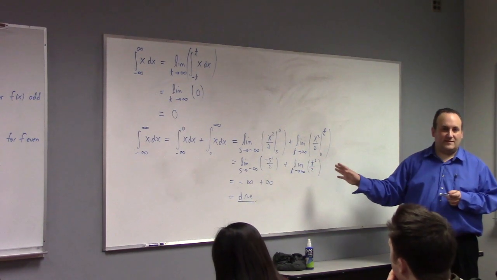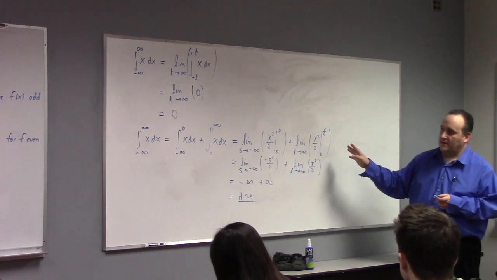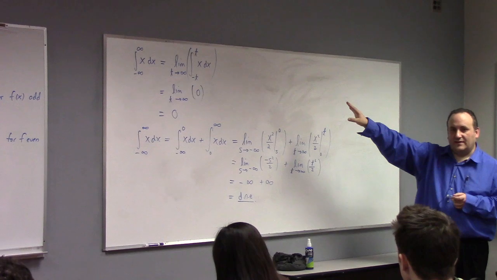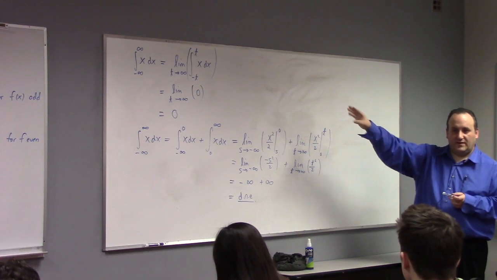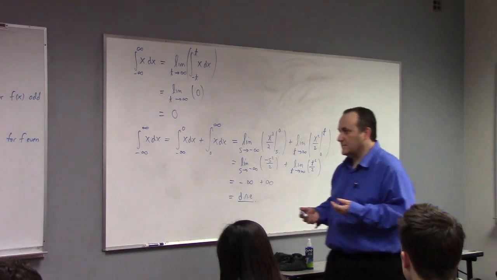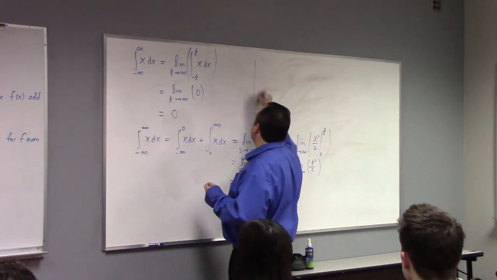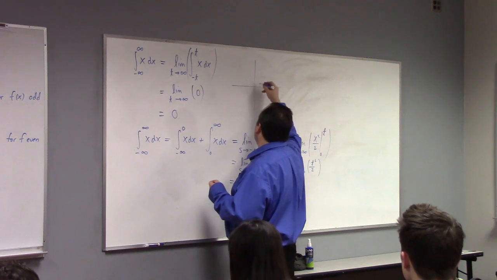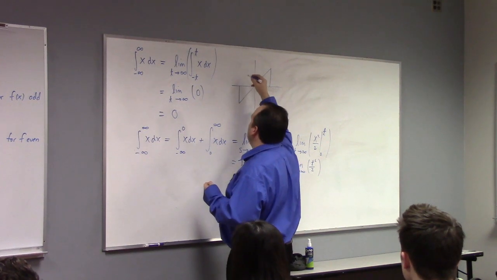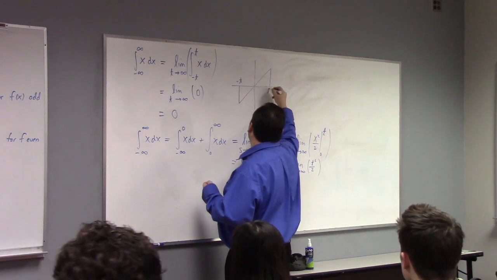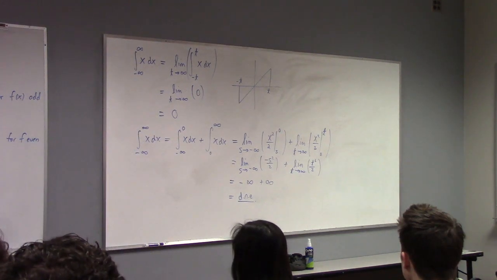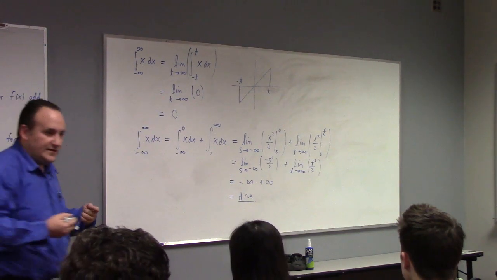So these do not cancel. To say these cancel is to suppose that you're taking the integral to be defined as limiting in this symmetrical fashion, right? So all these improper integrals are defined in a limiting sense. So really what you're saying is you're calculating the area bounded by y equals x from minus t to t, yeah?